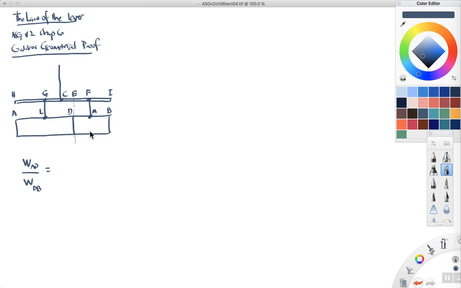So this block's weight is to that block's weight as the length CF is to the length GC. Okay, so this is the claim, and this is equivalent to the law of the lever.